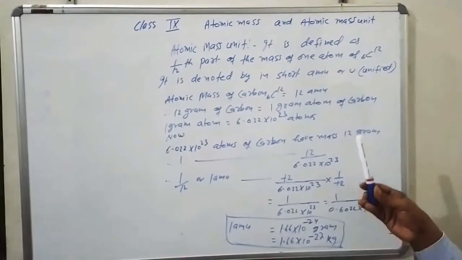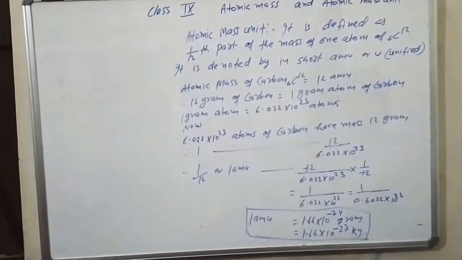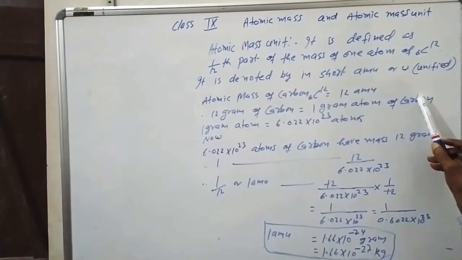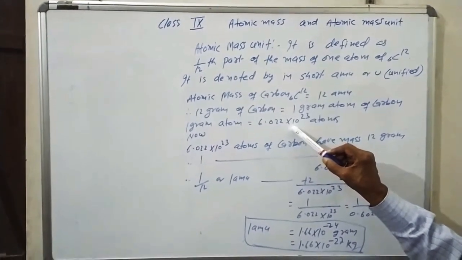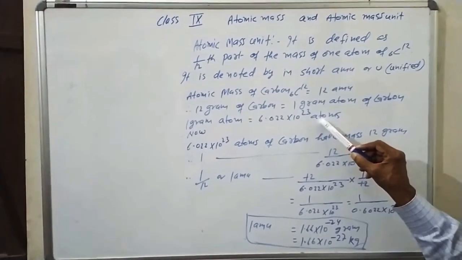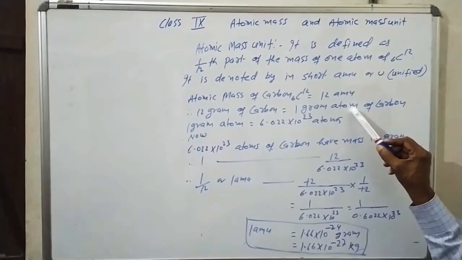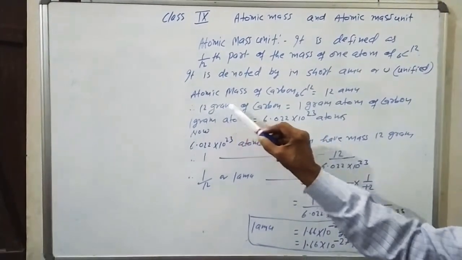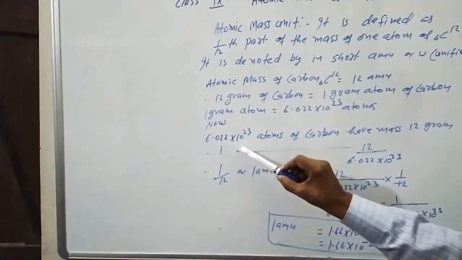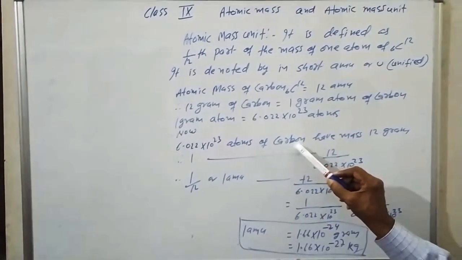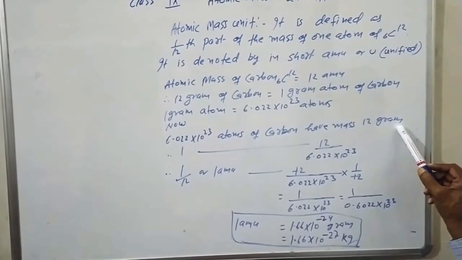Here, the 1 gram atom of carbon has 6.022 into 10 to the power 23 atoms, and 1 gram carbon atom equal to 12 gram of carbon. Therefore, 6.022 into 10 to the power 23 atoms of carbon have mass 12 gram.